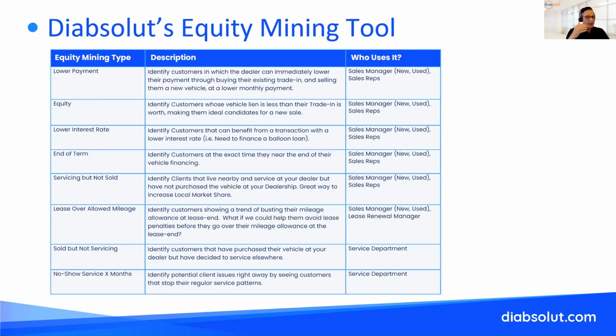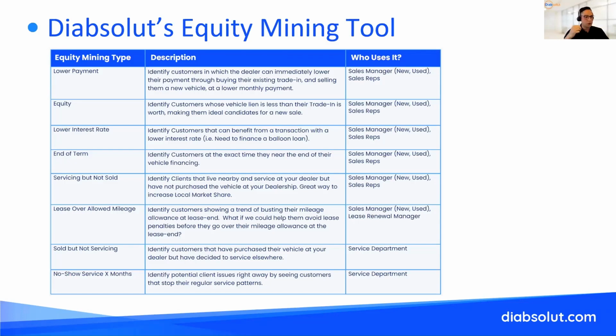Now, here's where you see being able to identify lower payments, customers in equity where we can lower their interest rate, end of term, service not sold, directly impacting market share. These are customers that are coming to your service department, but they have not bought a vehicle. So we can pull these customers out to immediately target them, which would be a direct +1 to your market share.